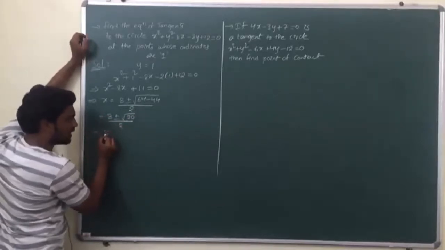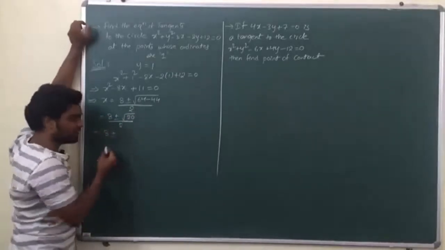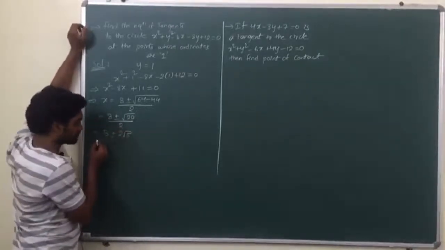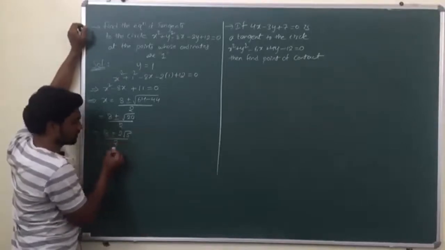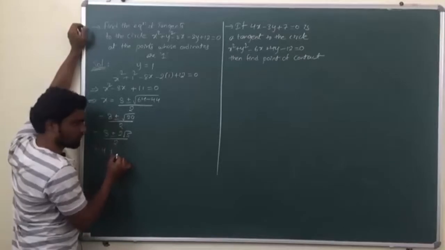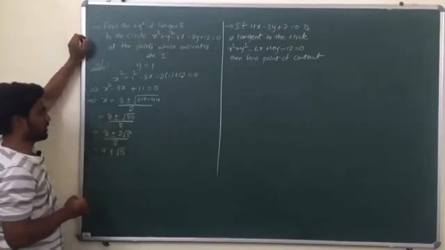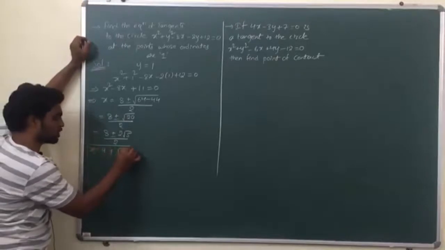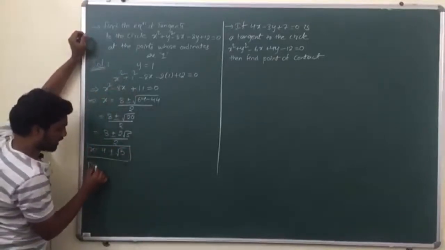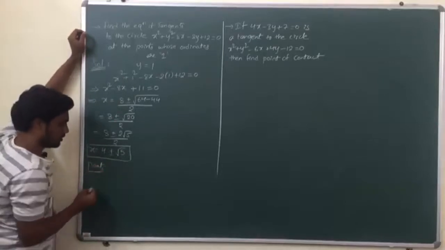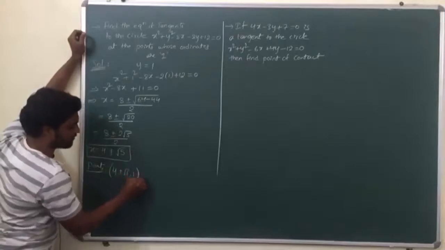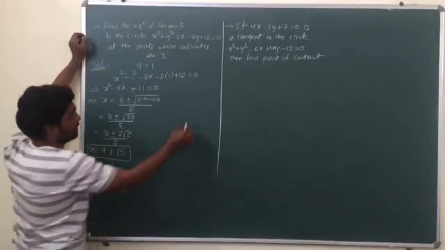Root 20 is 2 root 5, by 2, so the 2s cancel. So x is equal to 4 plus or minus root 5, and the value of y is 1. So the points are 4 plus or minus root 5 comma 1. Those are the points.